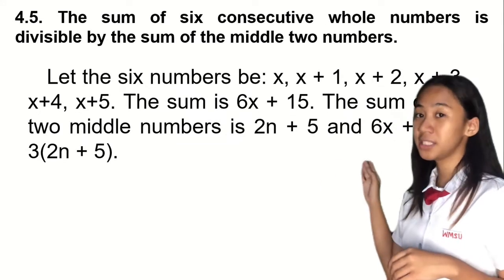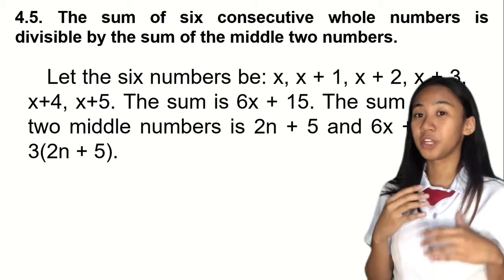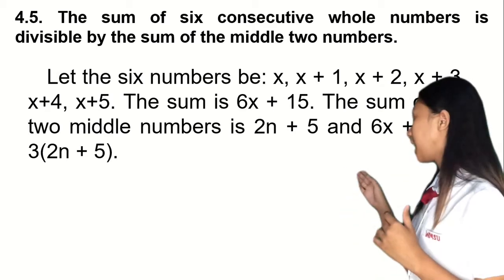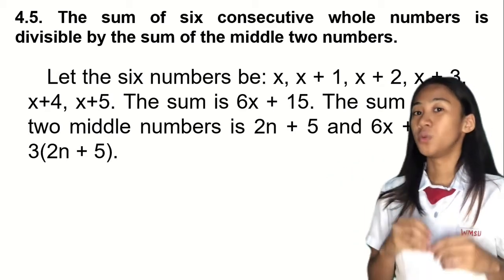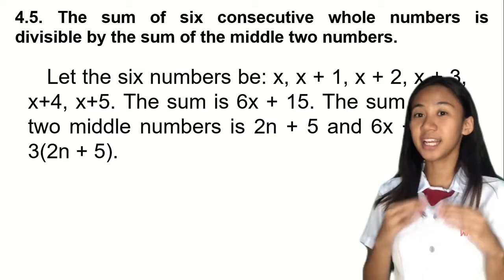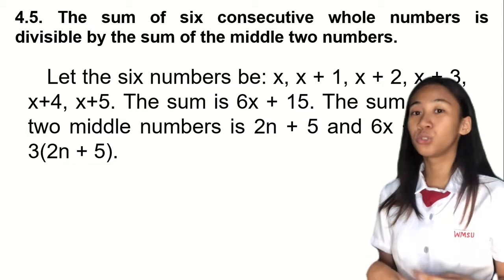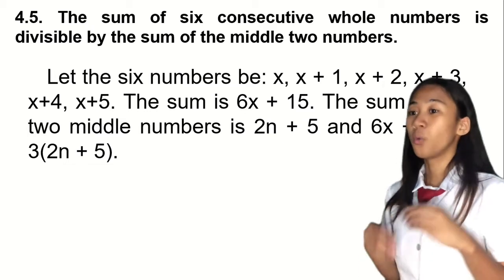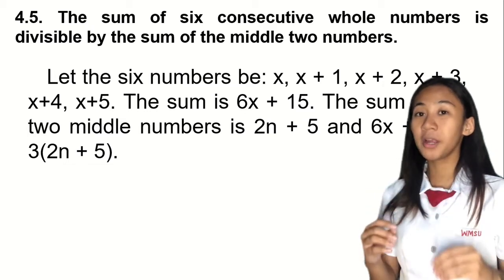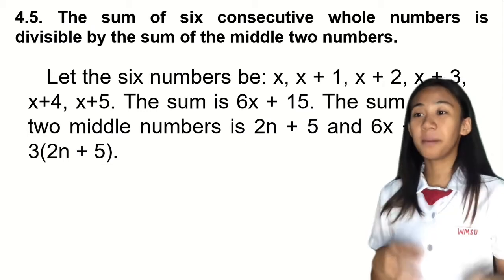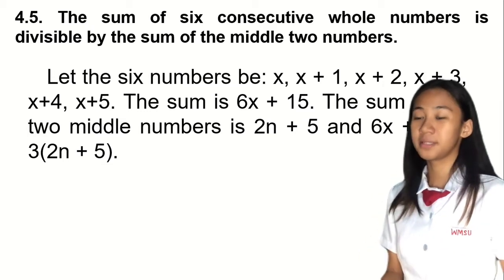6x plus 15. And the sum of their two middle terms is 2n plus 5. So we can also equate that 6x plus 15 is equal to 3 multiplied by 2n plus 5, wherein 2n plus 5 is the sum of the two middle numbers.